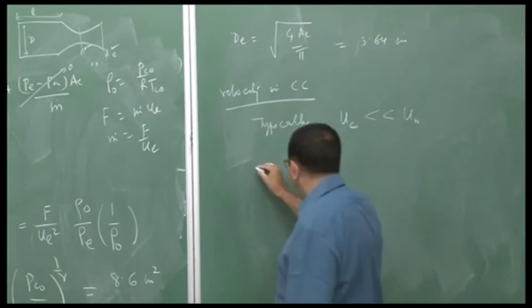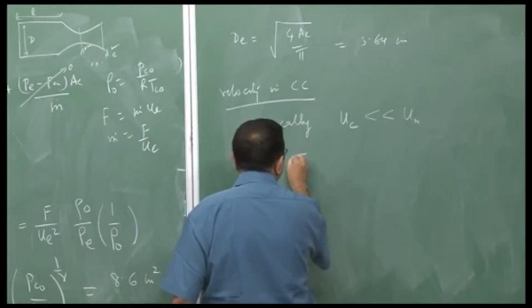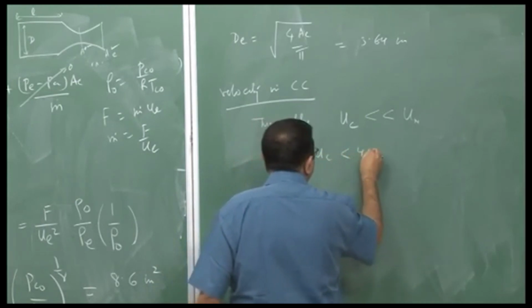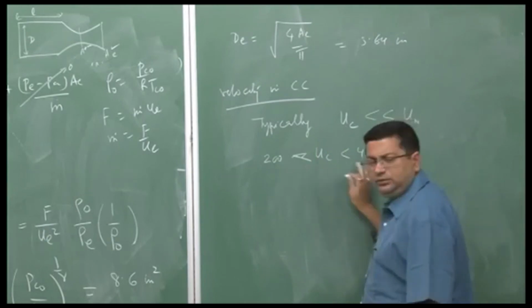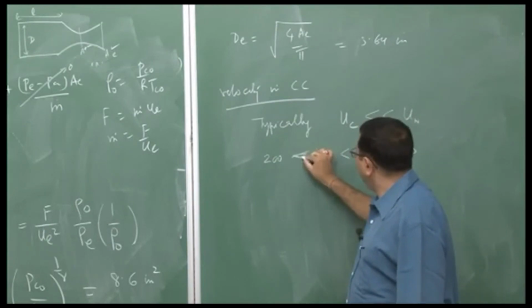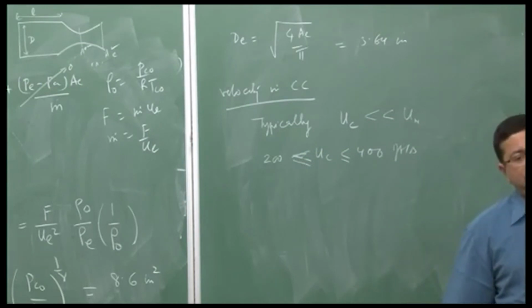So, typical values of UC are between about 200 to 400 feet per second, that is the standard values of UC. UC lies between 200 to 400 feet per second, the combustion chamber velocity.